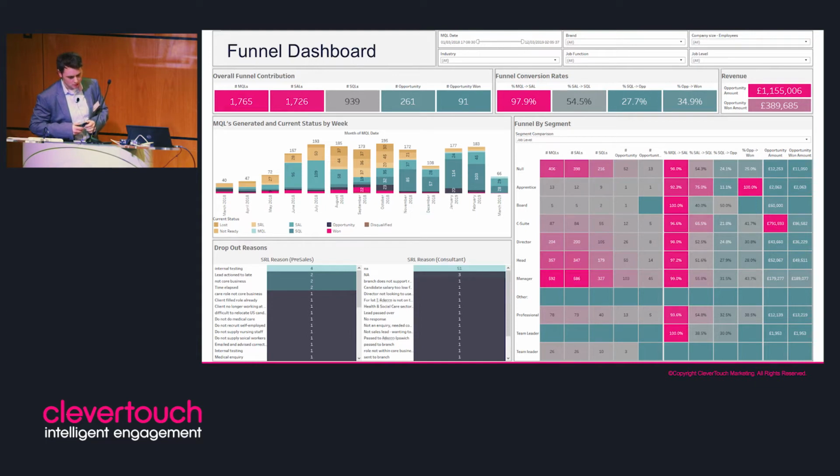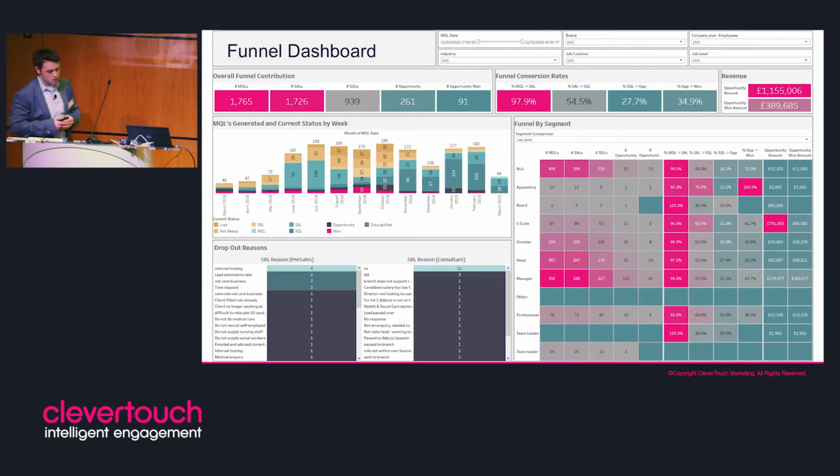The next dashboard I want to look at is something more of a funnel dashboard. Now this is for a perhaps smaller organisation than the Fujitsu's that we've been speaking about earlier, but this is looking at, from a marketing perspective, how the sales part of the funnel is working.